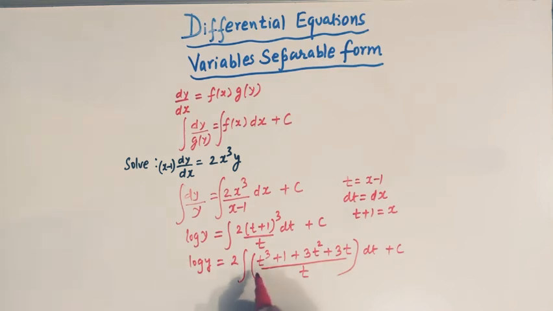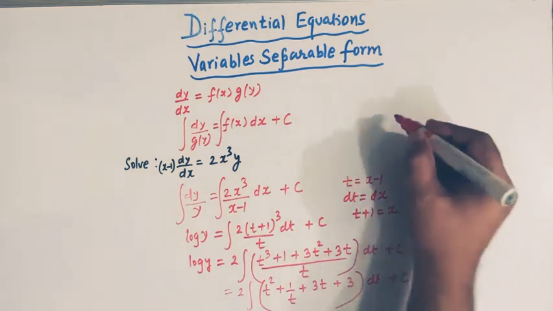Now this can be written as 2 times, here we have t square plus 1 over t plus 3t plus 3, right? And here we have dt plus c.